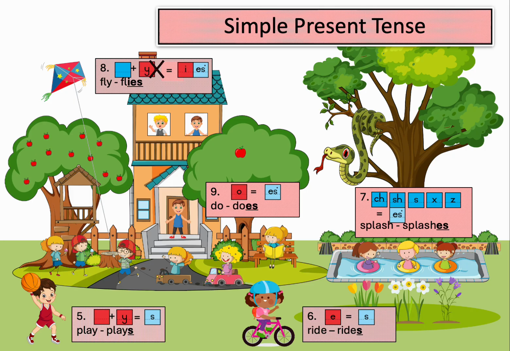And the last rule, when the verb ends on an O, you add the ES, like in go and do. Pat does her homework in the garden.